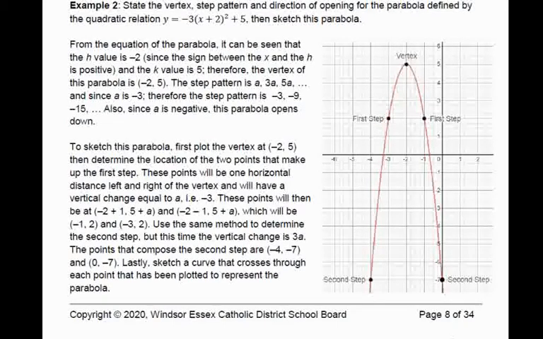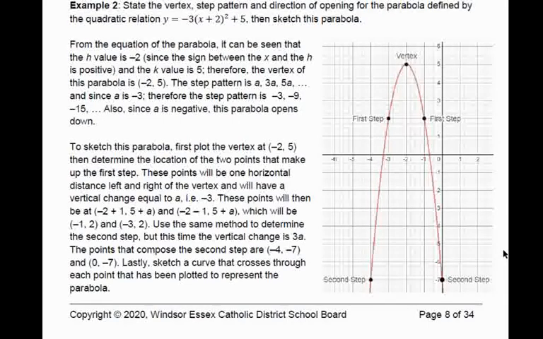Then we would find the second step, which is going to be at minus 4 and 0. And we would add not minus 3, but minus 3 times 3, so minus 9. So 2 plus negative 9 is negative 7, and we end up with points at minus 4, minus 7, and 0, negative 7.